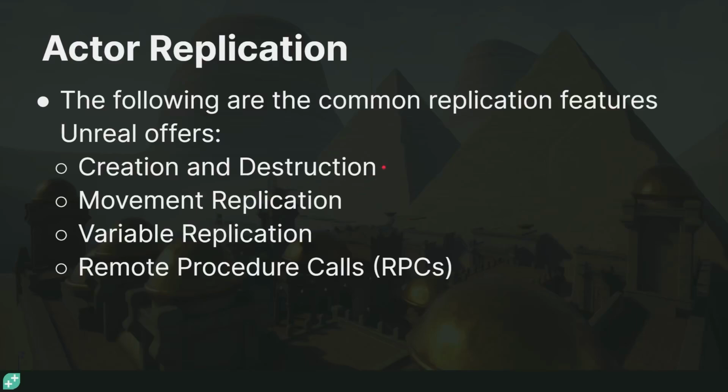Creation and destruction has to do with actors being spawned and destroyed. Movement replication has to do with the location of actors. Variable replication has to do with variables being replicated, as the name suggests, and RPCs are functions that can be called from one machine in the network and executed on another machine. Now we're going to go one by one and explain these in more detail.